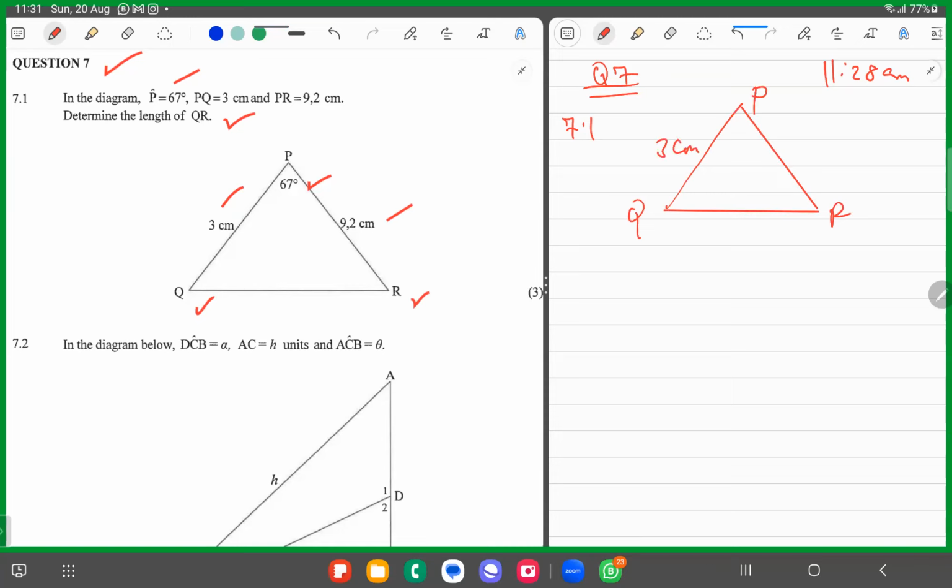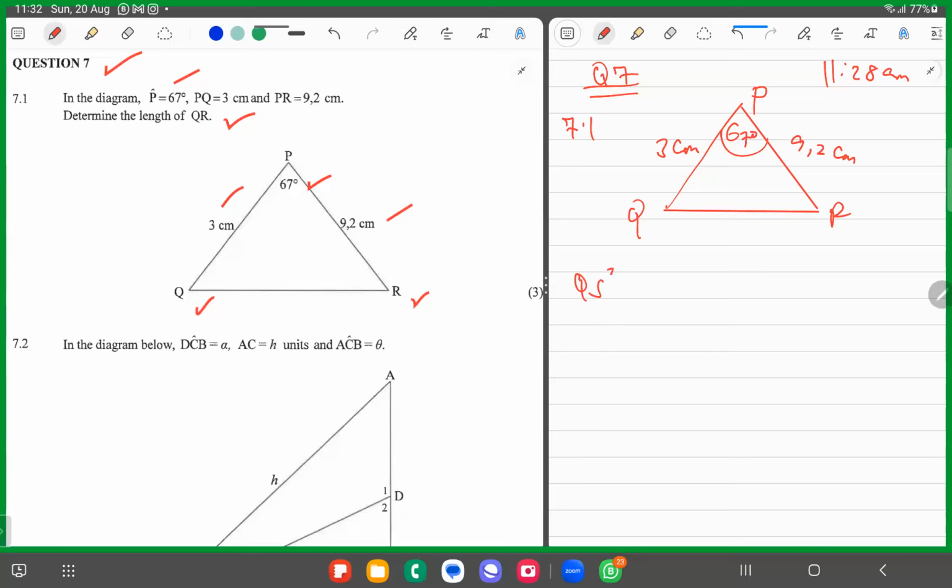So this is 3 centimeters, this is 9,2 centimeters, this is 67 degrees. You need the length of QR, which means at this point you can find it. There are a couple of ways to find the length of QR, but the easiest way is to use the cosine rule.